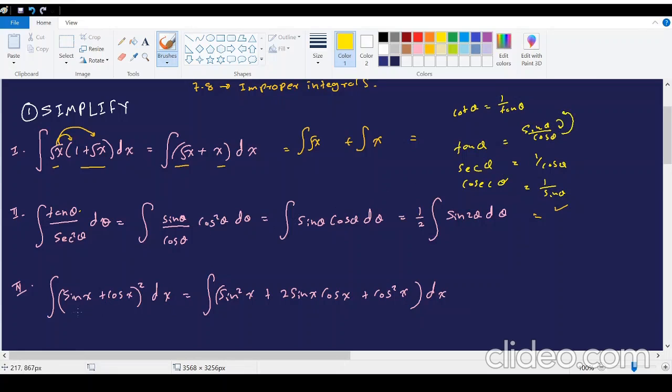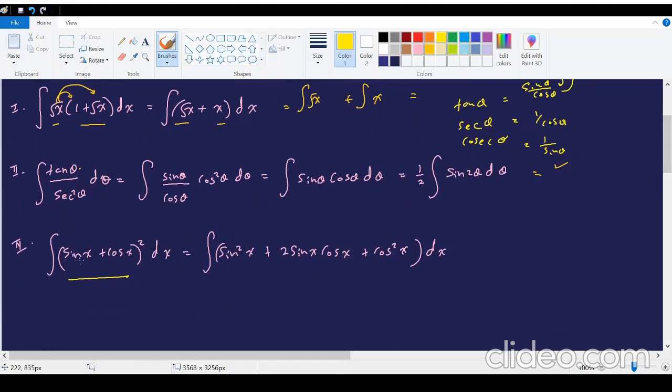Even for this one you have a product, right? This term squared, and if you directly compute the square first, you will have simple terms across addition. So you can get the integral separately on each of these three terms.